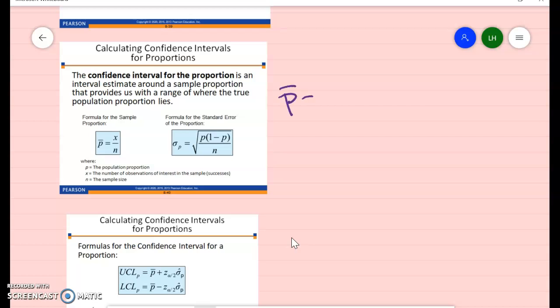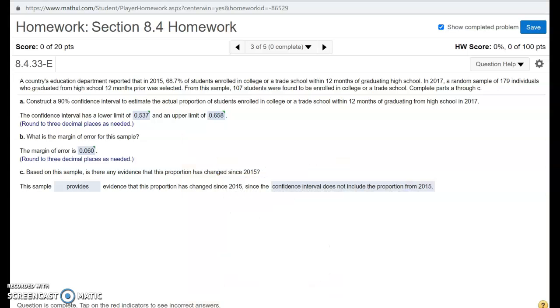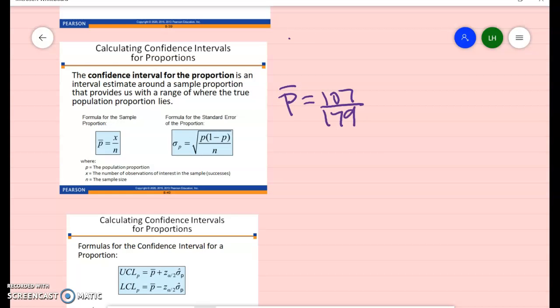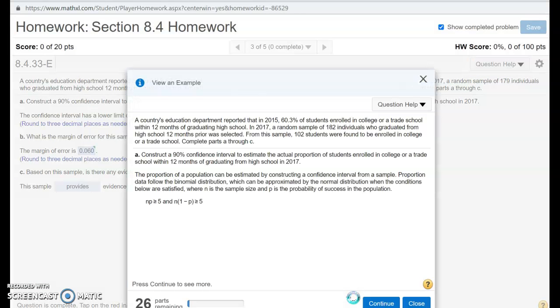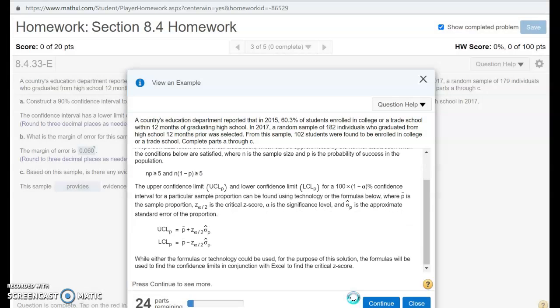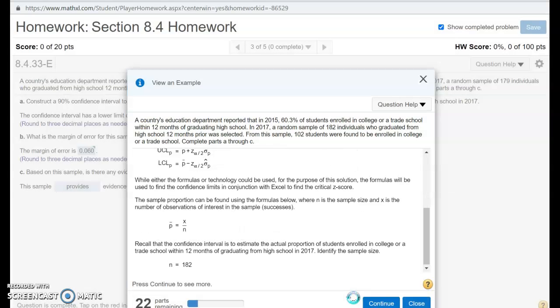So we're going to have to calculate our proportion for this. Let me make sure I wrote that right: 107 out of 179, so n is equal to 179. Our sample proportion is a long decimal, so we need to see what we're going to round to.